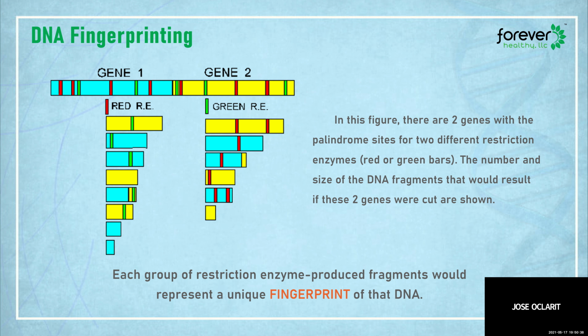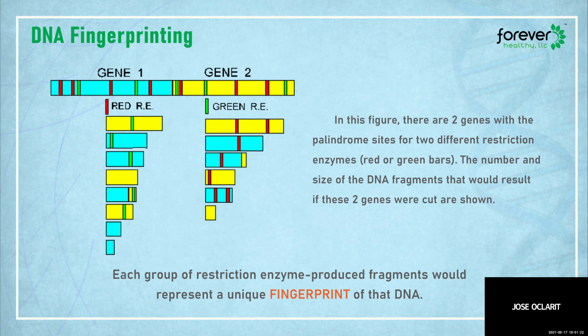As you can notice here, if you do electrophoresis and separate the fragments, in gene 1 you have how many fragments? You have 1, 2, 3. The fragments there represent the DNA cut using the restriction enzyme.